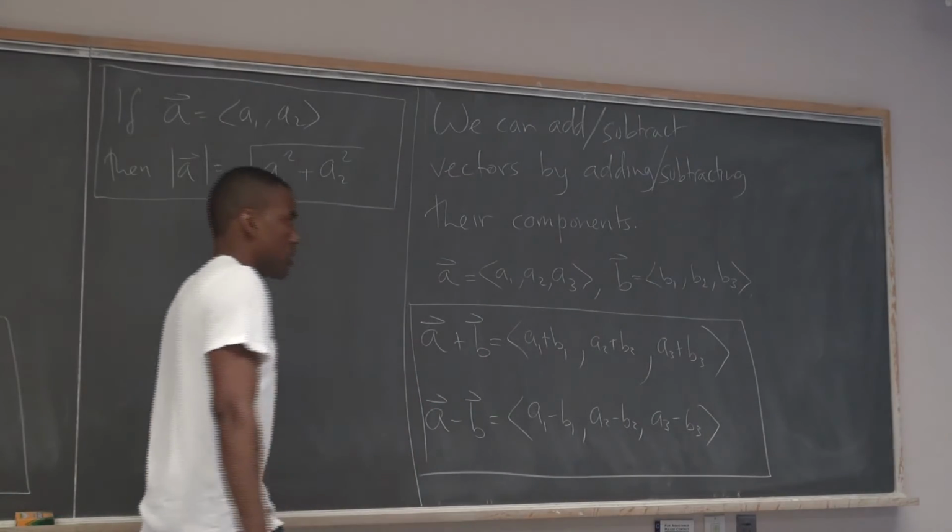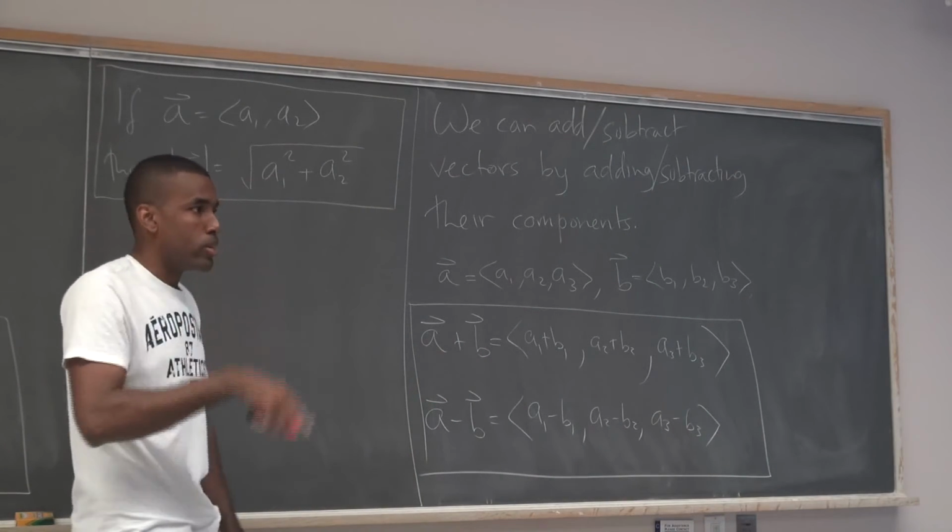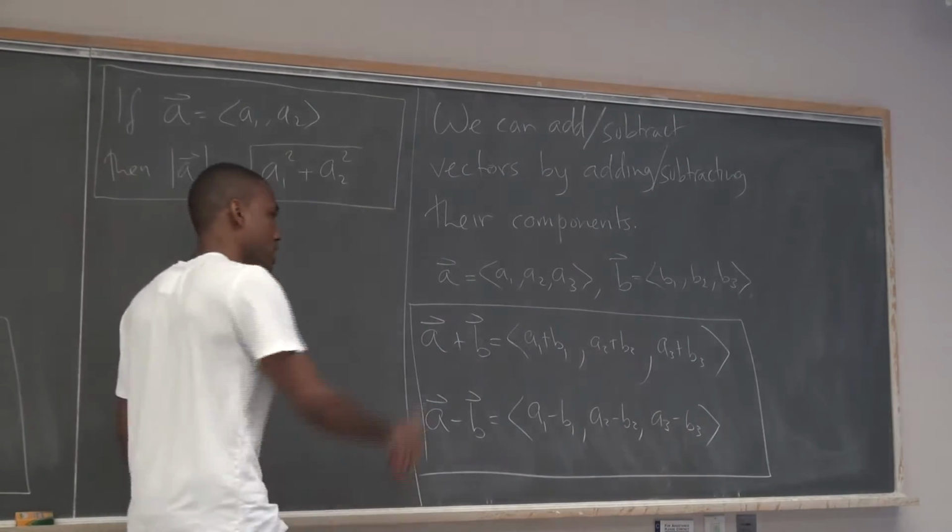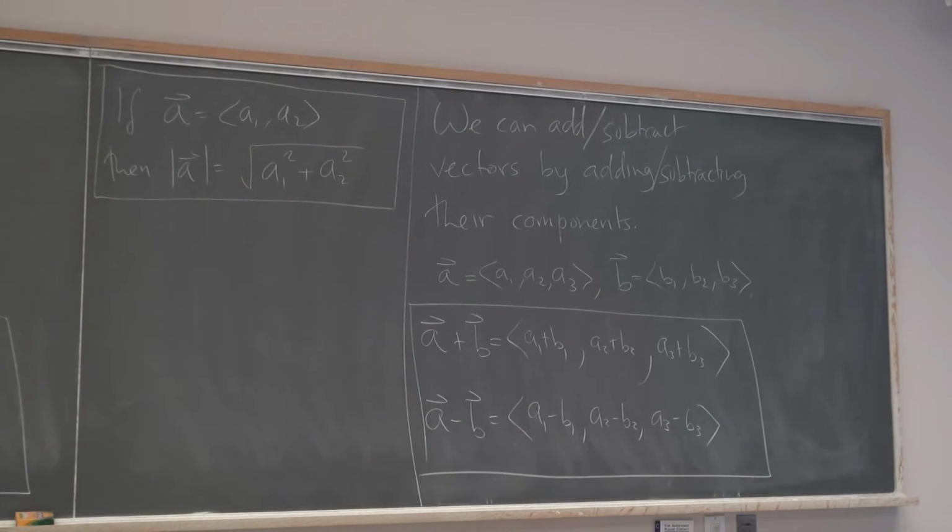You don't need to draw a picture and put it on a grid. You can literally just do the components and they will work out, because again, it comes down to distances. You're measuring distances and you can subtract one from the other.